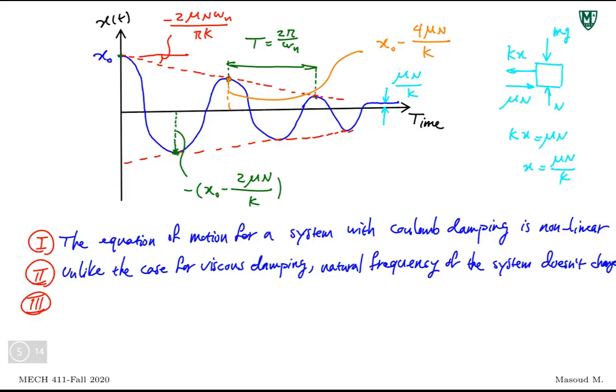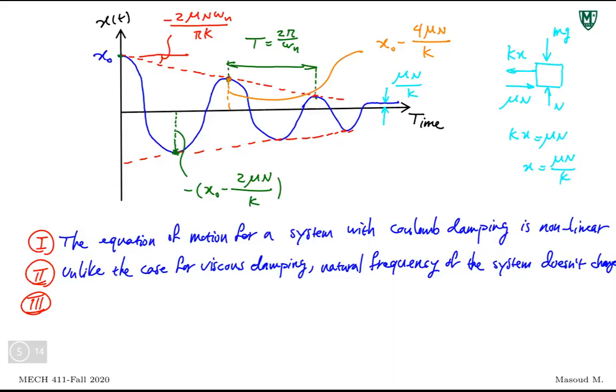Everything I said is for a spring mass system sliding on a surface with some dry friction, where initial displacement is given and initial velocity is 0.